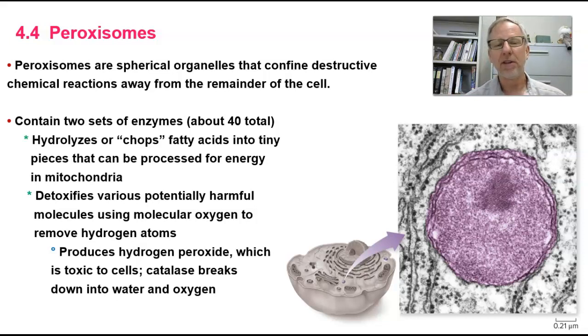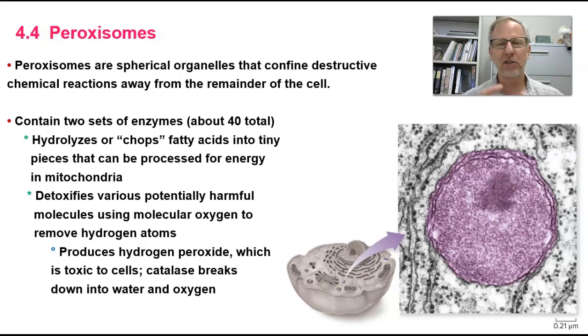Now, this chemistry is confined inside the peroxisomes because hydrogen peroxide is dangerous. It's toxic to cells. So if this chemistry was going on in your cytosol, the fluidy part of your cells, that hydrogen peroxide would do damage to your cells.